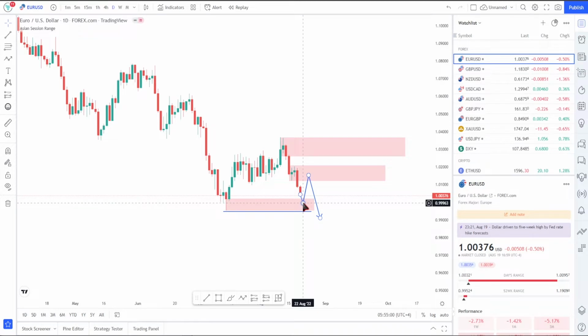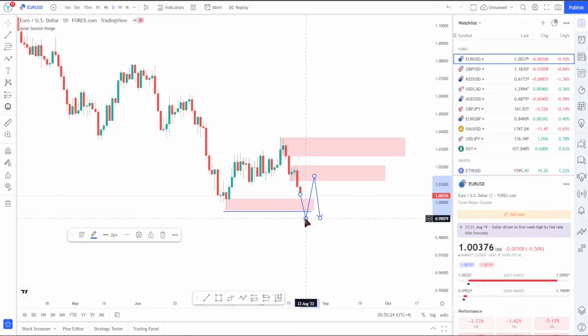Otherwise, if I don't get any confirmations right here, if I don't get a trade in this zone, what the market is going to do is continue down, make another lower low, come back up, possibly into either this area of supply or that area of supply, and it will give us a 5-minute confirmation trade. Once that happens, we can take sells from these zones.